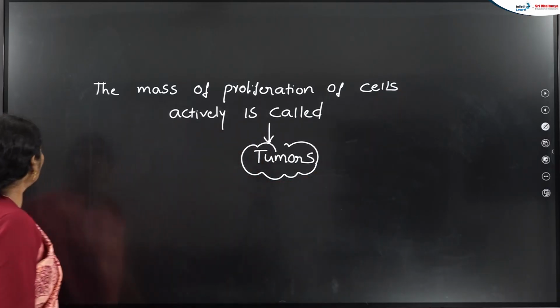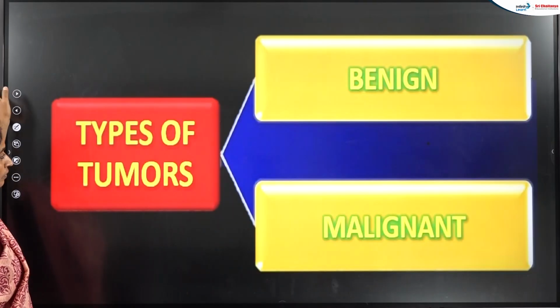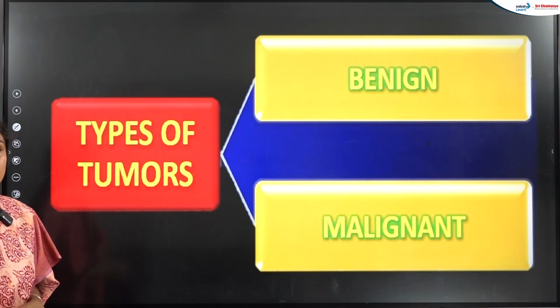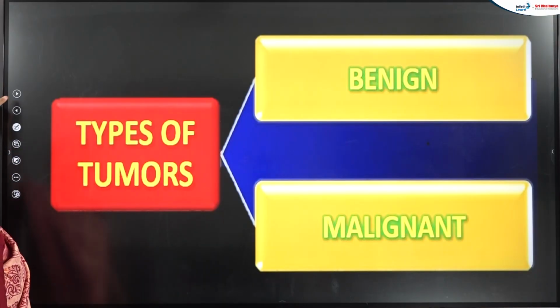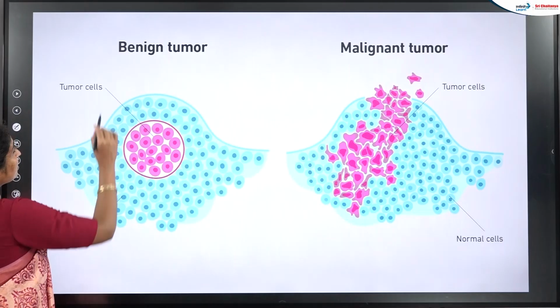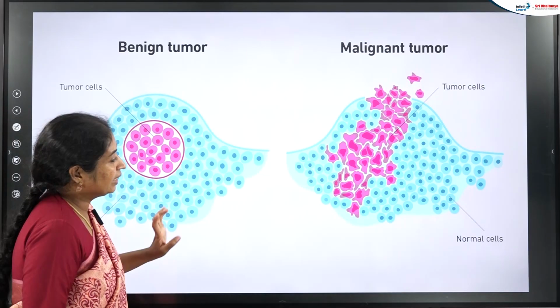Next, there are two types of tumors. One is the benign tumor and the second one is the malignant tumor.